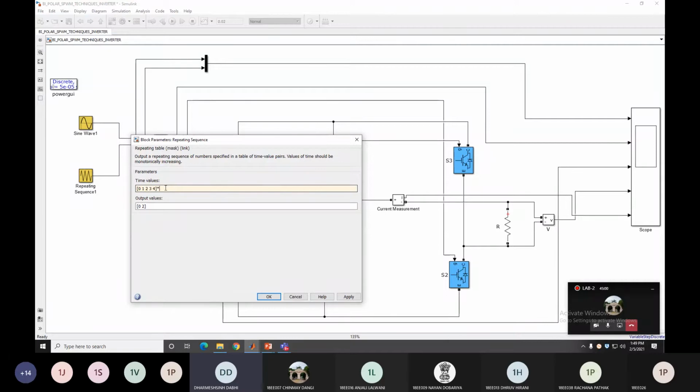What is the total time? 1/1000. So the time between 0 and 1 is 1/4000, which is 250 microseconds. You can write 250 microseconds or you can write 1/4000. Here I write 1/4000. Clear? All of you understand this?